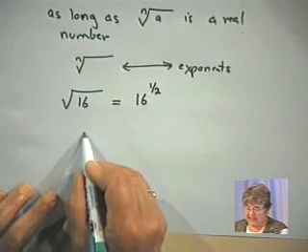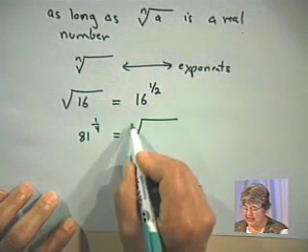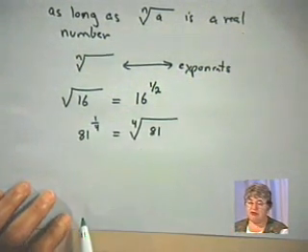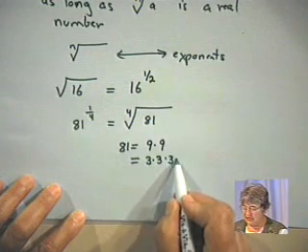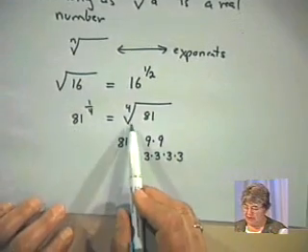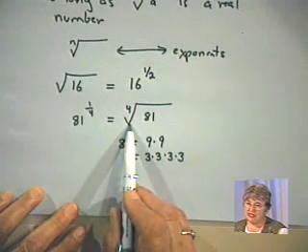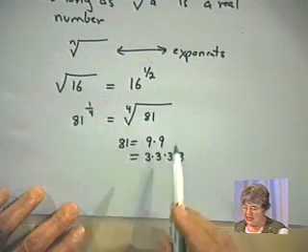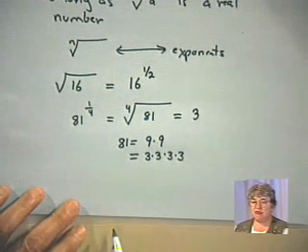So in order to evaluate 81 to the 1/4, it might be more convenient to look at it as the 4th root of 81, because that says that with 4 factors of 3, the 4th root of 81 equals 3, and by the same token, 81 to the 1/4 is equal to 3. So you see how nice it is to go between radicals and exponents. Later on, we're going to see that because we're looking at radicals as exponents, the properties of exponents are going to apply. Let's do a few more examples.